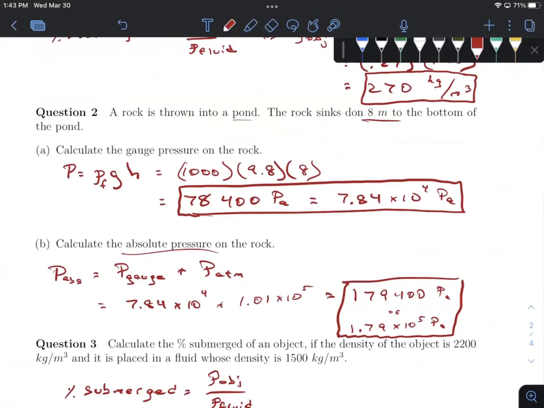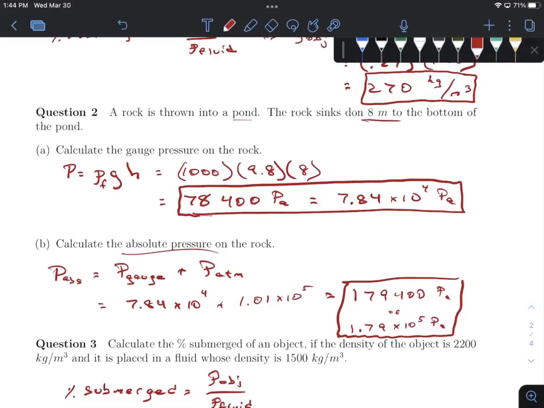So you know how it says calculate the gauge pressure, and I have the gauge pressure formula as the total pressure minus the atmospheric pressure. So I got the same answer you had, but I subtracted it from the other number, and I got the other answer you had.